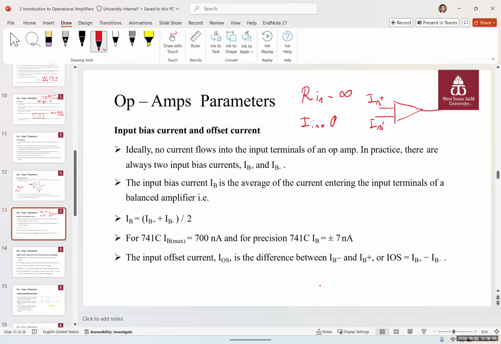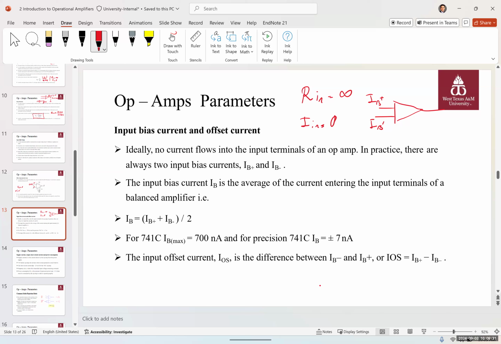The input bias current IB is the average of the current entering the input terminals of a balanced amplifier, or in other words, it's going to be the average of the negative and the positive, or the inverting and the non-inverting. For a 741, the maximum is 700 nanoamps. It's a pretty small number. And for a precision 741 system, a more advanced one, it's 7 nanoamps, positive, negative, which is a pretty small number.